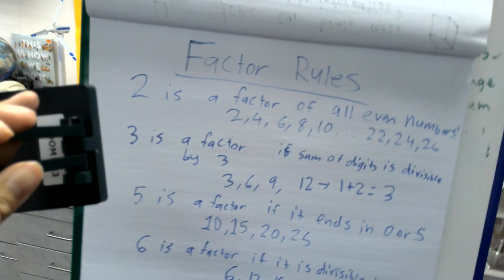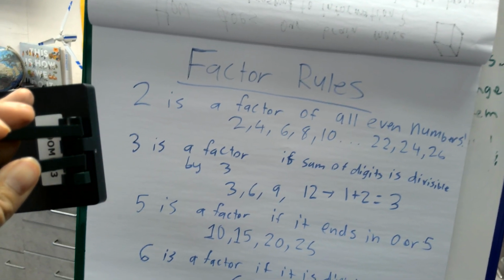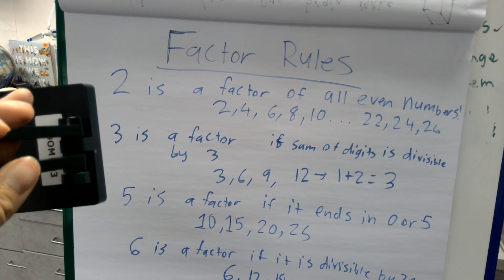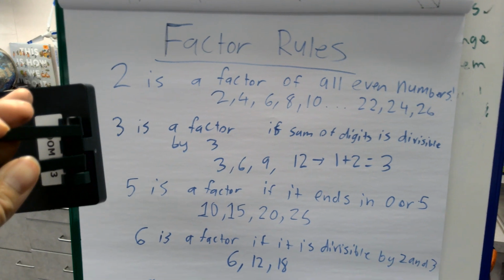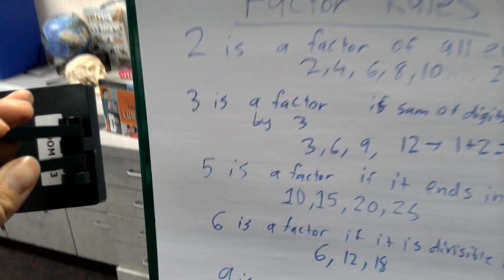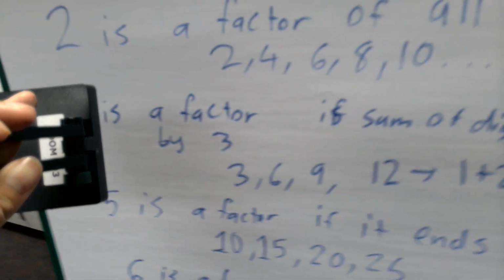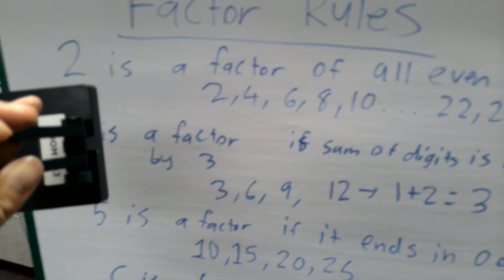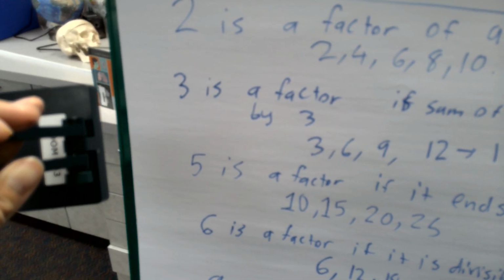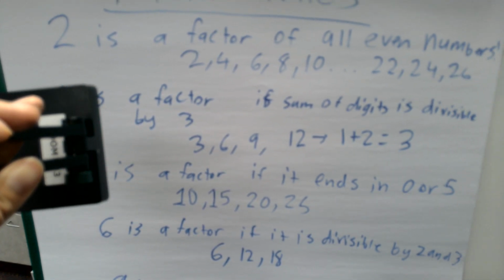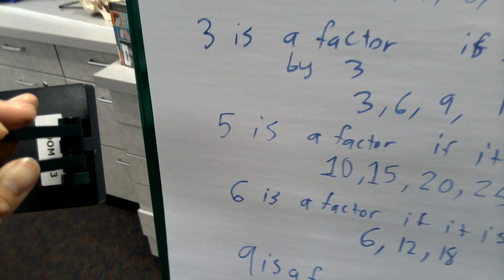So, factor rules. 2 is a factor of all even numbers. So 2, 4, 6, 8, 10, 22, 24, 26. If it ends in 2, 4, 6, 8, or 0, like 10, 20, 30, 40, it will have 2 as a factor. 3 is a factor if the sum of the digits is divisible by 3. For example, 3, 6, 9.